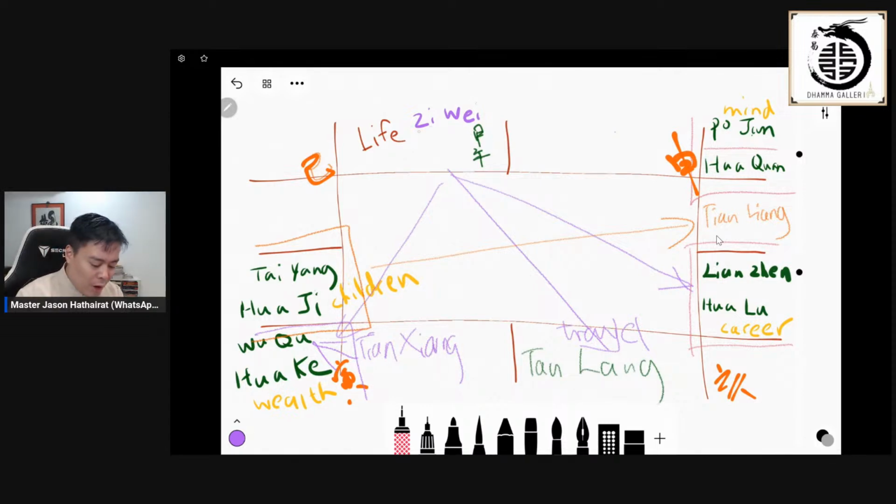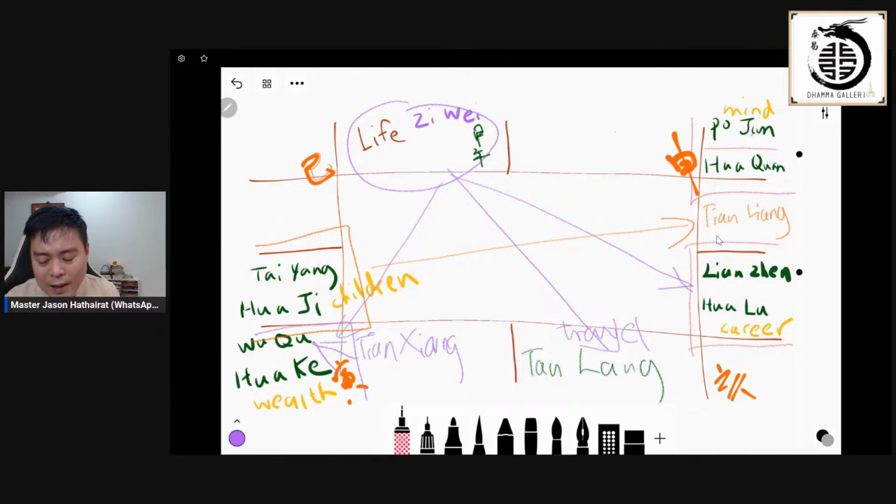For example, when the flying stars are flying from the life domain, it means that person will display certain kinds of characteristics. Just to give you another example, in case you want to know more about the flying star.